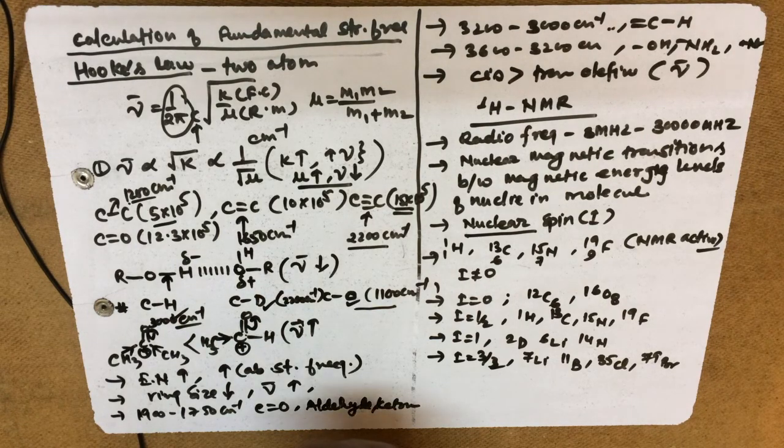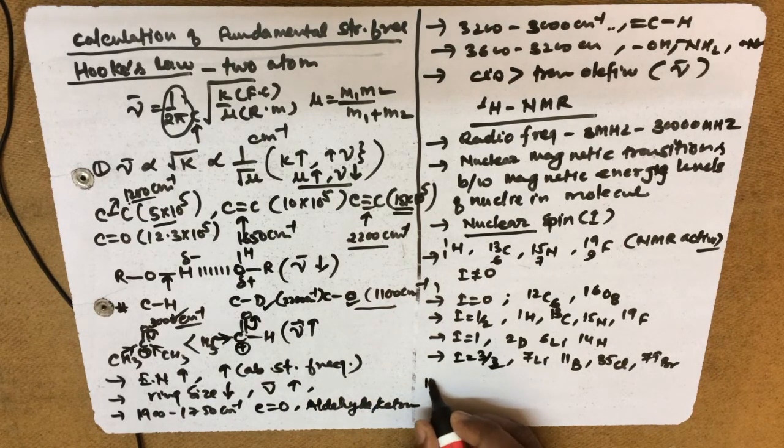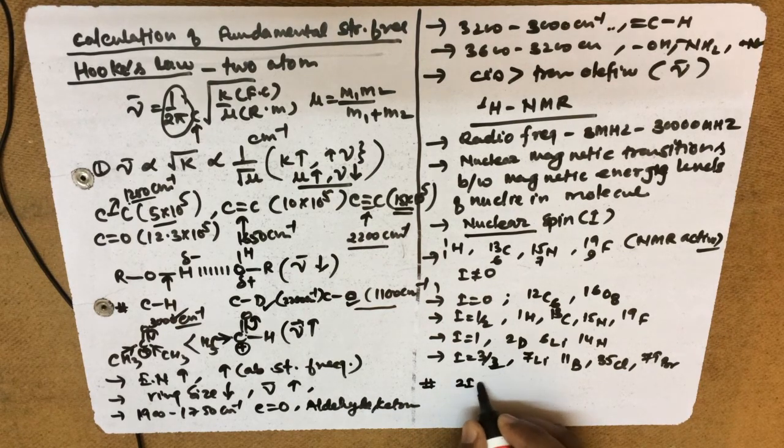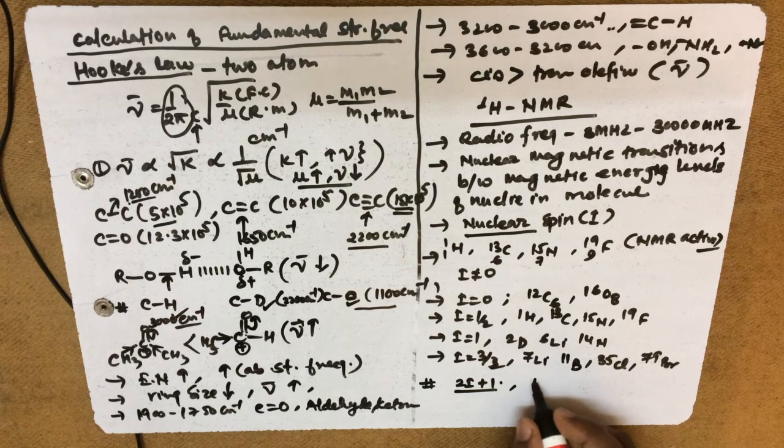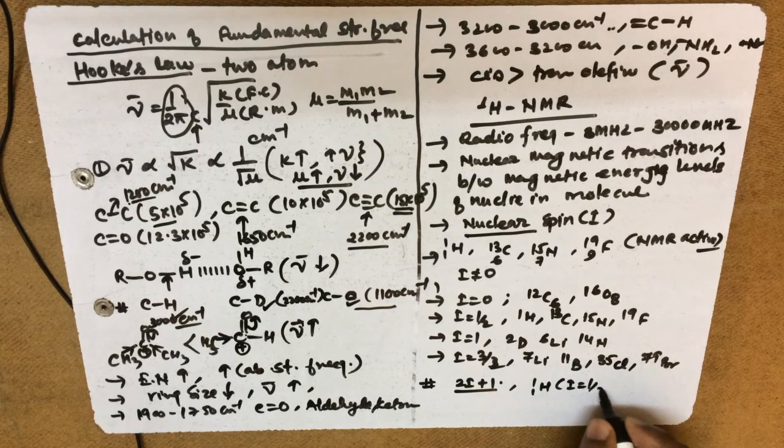Now we will discuss how to calculate the spin allowed states. The number of spin states is calculated by the formula 2I plus 1. For example, for the hydrogen-1 atom, the I value is half.